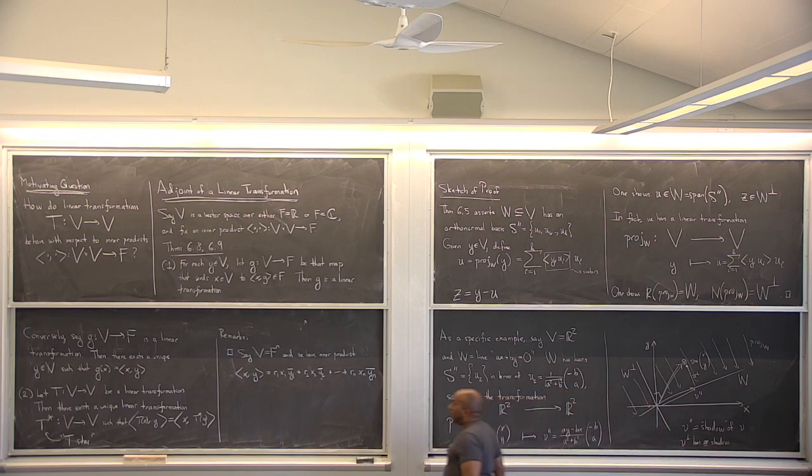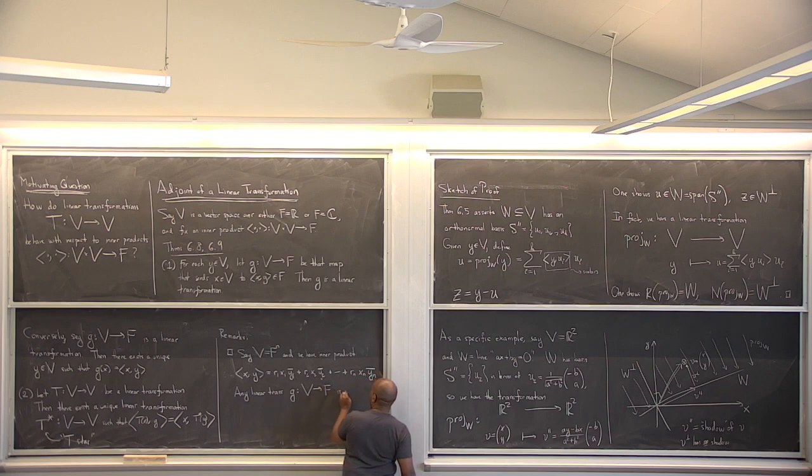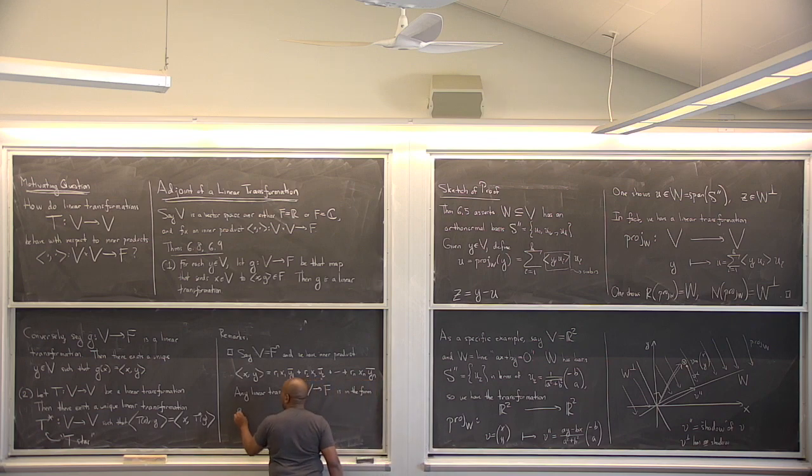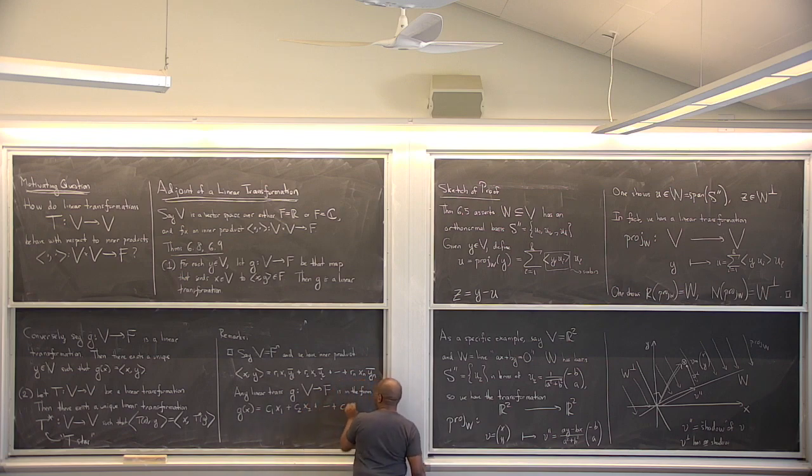So now, if we have any linear transformation, let's call it G, that has to be in the following form. So G of x here looks like maybe c1 x1, c2 x2, up to cn xn.